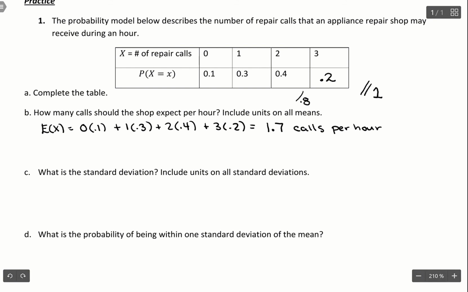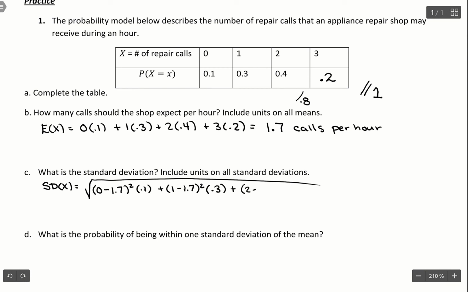For standard deviation, we're going to have a big square root, and then you take each value minus its mean squared times its probability. So going through each value minus that mean that we calculate times that p of x. And get that last one in there.